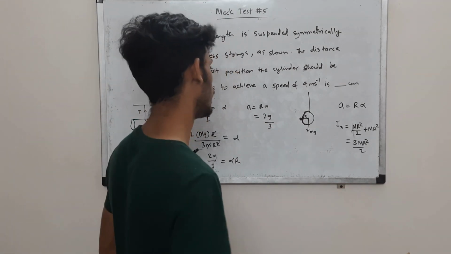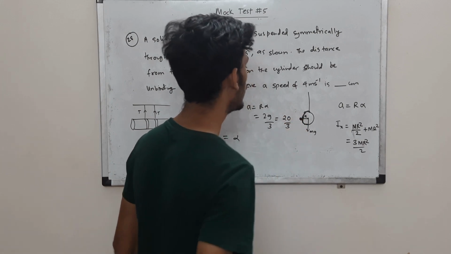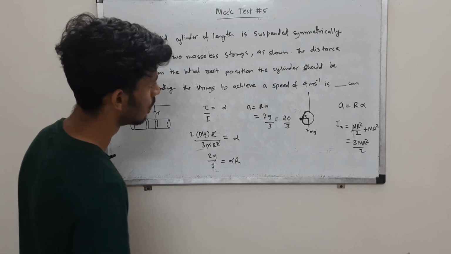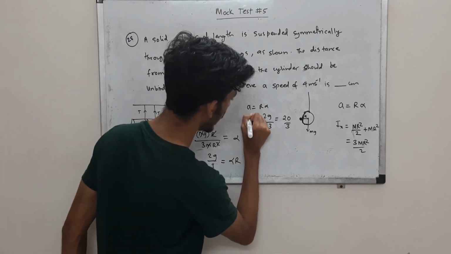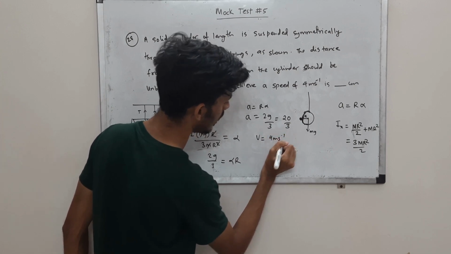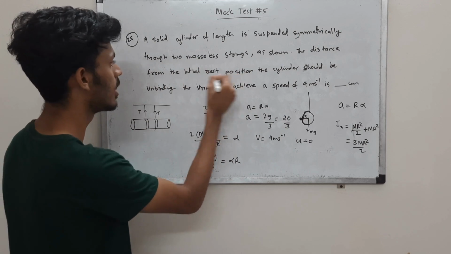Now 2g by 3 you can also write as 20 by 3, right? This is the acceleration. Final velocity should be 4 meters per second, right? Initial velocity we know to be 0, initial rest position.